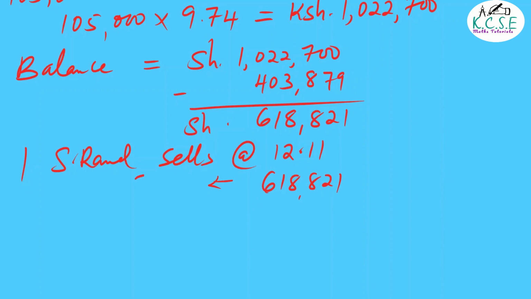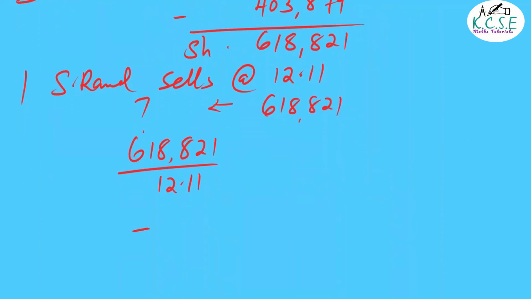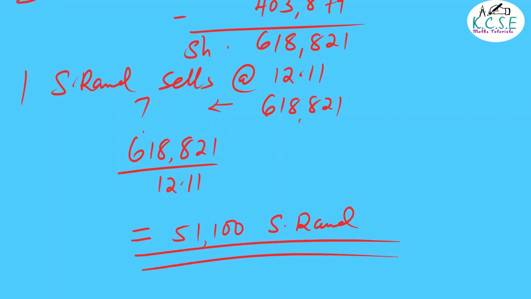For us to get the amount of South African rand the bank will sell to this lady, we just need to divide 618,821 by 12.11. Using the calculator, you get approximately 51,100 South African rand. So this is the amount.